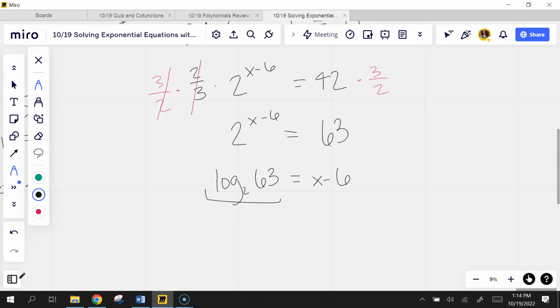Okay, so what is log base 2 of 63? And you added 6. Right now, let's just solve them tonight because that's where we got hung up yesterday. Oh, after I add the 6. Oh, wait, that's the answer. Okay.